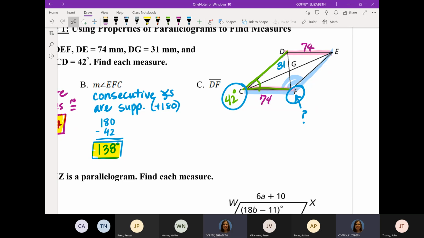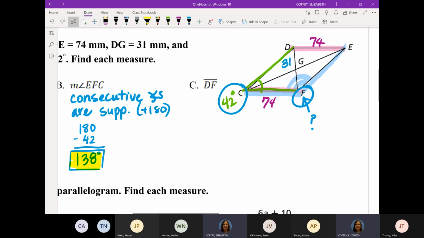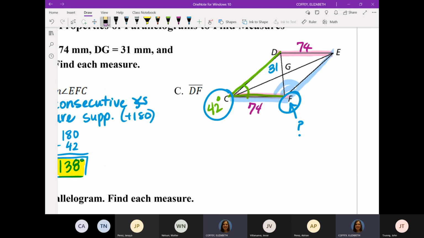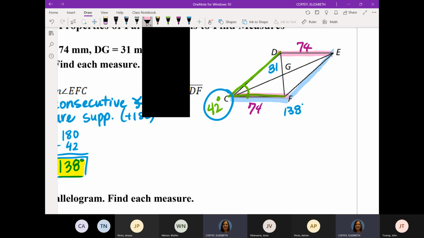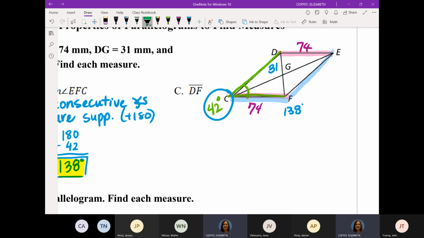One more for this one. We have letter C asking us to find DF. I'm going to erase some of this. I already found that. Okay, what we need to find now is G to F right here.